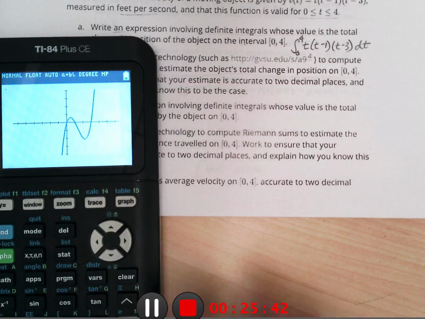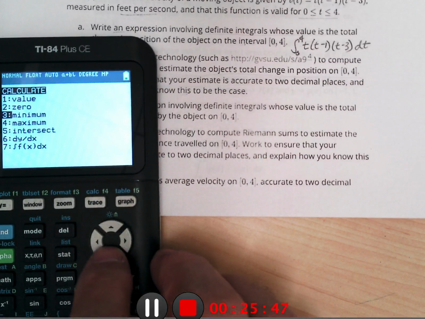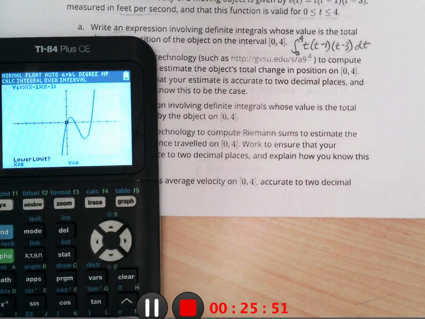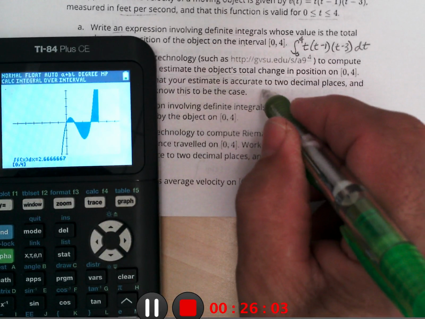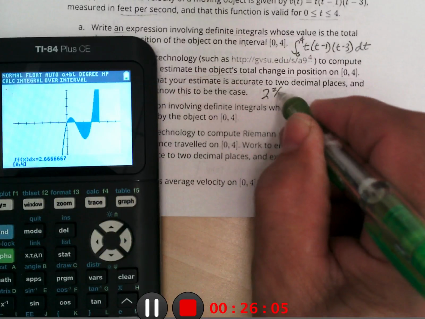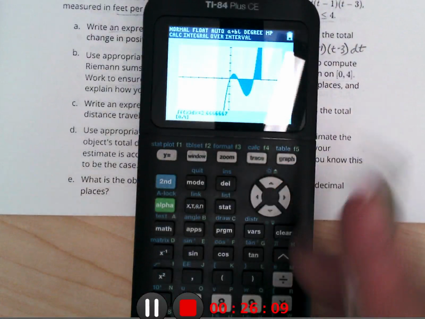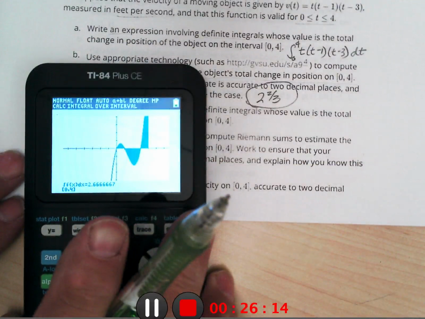And let's calculate the area from lower limit, 0, enter, upper limit, 4, enter, and it figured out that area to be 2 2/3. And I see that it's really close based on that decimal approximation on there.